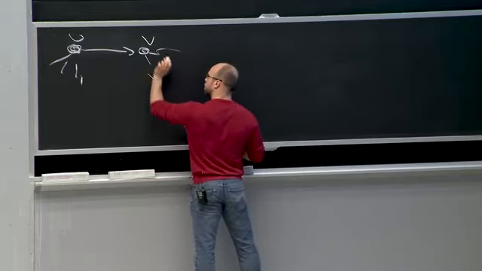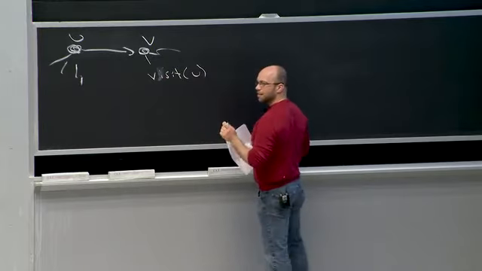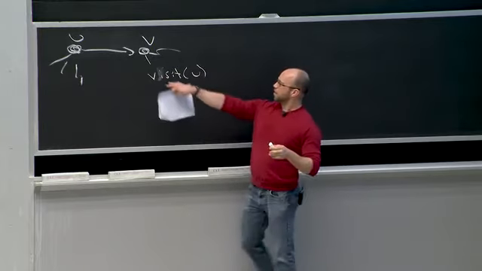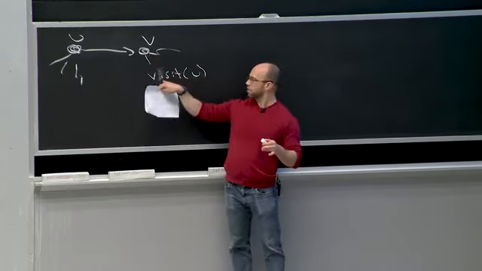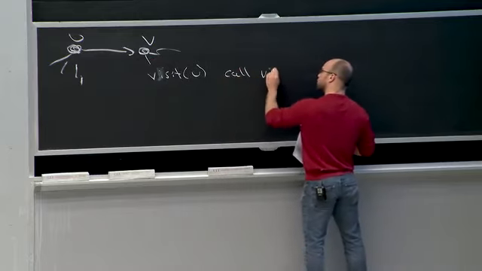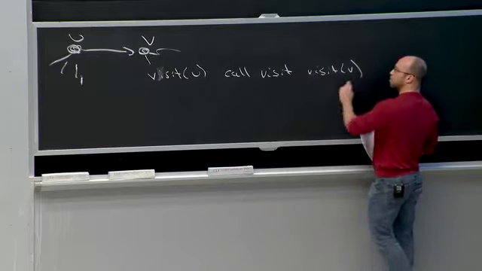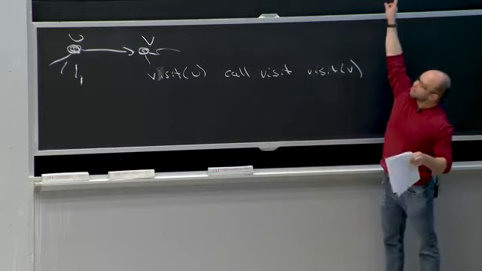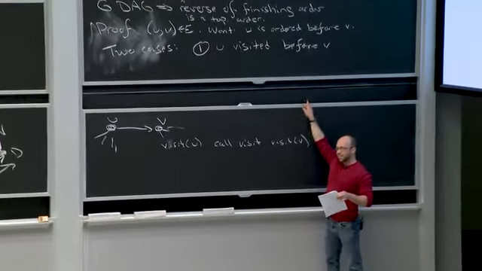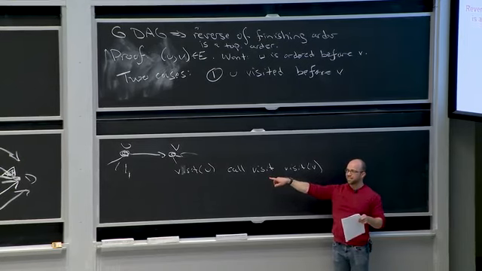We know that when we call visit on u, well, v is one of its outgoing neighbors. So in particular, visit on u is going to call visit on v. And we know that because u is visited before v, right? So currently, v's parent is none when I get to u. That make sense?